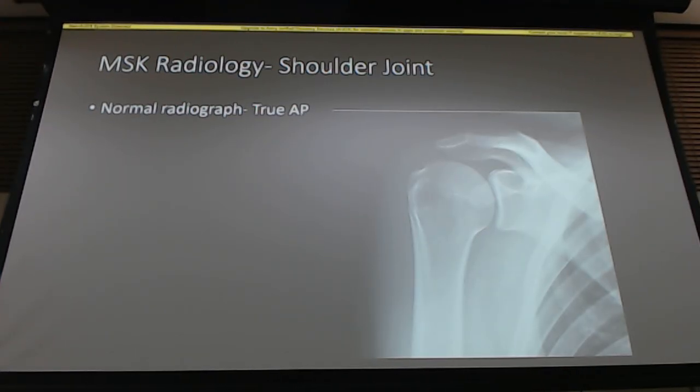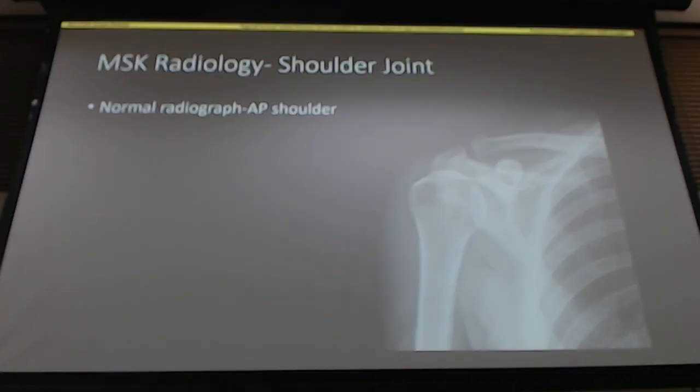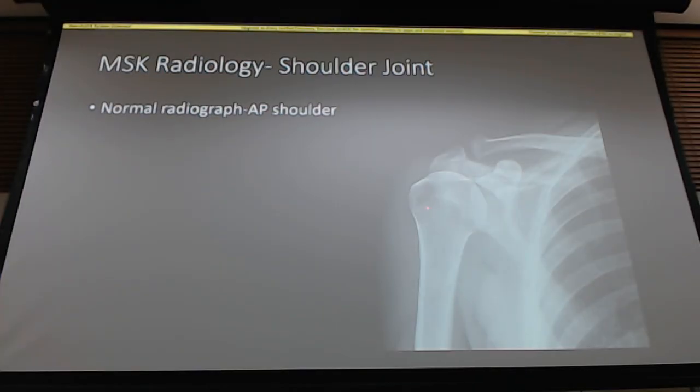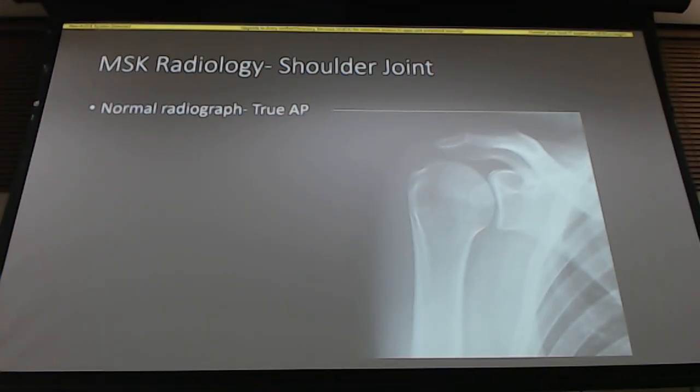So this is a true AP. The other one was an AP. This is a true AP. Why is this a true AP? I'm not going to really nitpick with you guys about this. The reason it's a true AP is because on this one here, you would agree that you can see the glenoid fossa there, right? Now, if you go to a true AP, it's shot in a different angle, you don't see that depression there. It's just the relationship of the glenoid, the glenoid on this side, to the humeral head, correct?